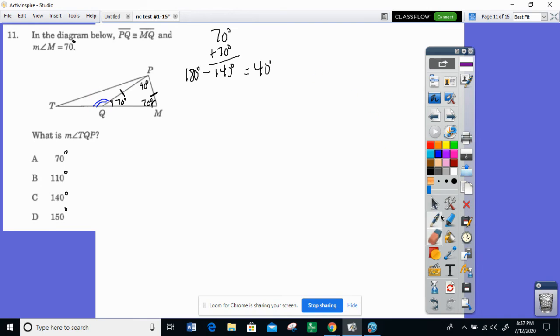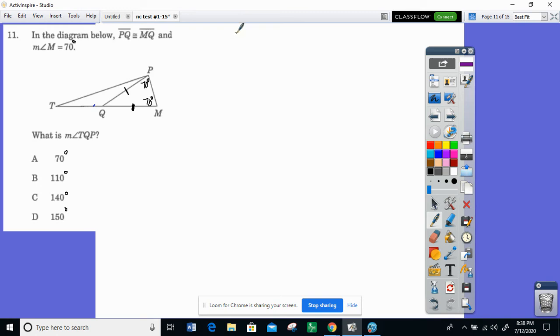Oh, I'm sorry. I mislabeled the information at the beginning. Let's start over. Segment PQ is congruent to segment MQ. There we go. So now these two sides are the sides that are congruent. So these two angles, angle M and angle QPM, are going to measure 70 degrees.